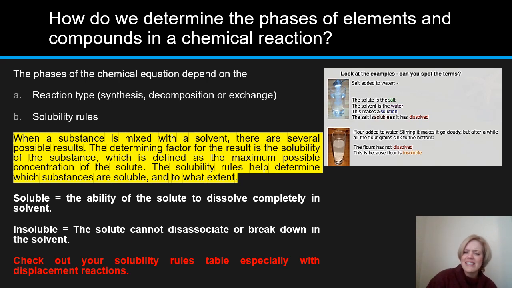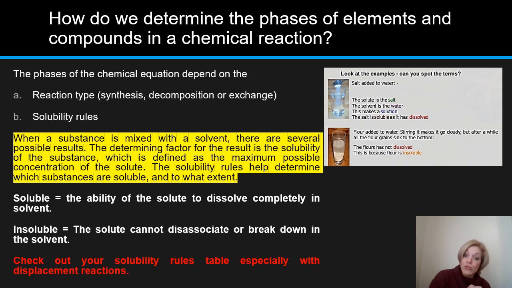So what is solubility? It's got to do with whether a compound is going to be soluble, so it's going to dissolve completely in the solvent, which most of the time is water, or it's insoluble, so that means that the solute cannot dissociate or break down in the solvent, which is mostly water.